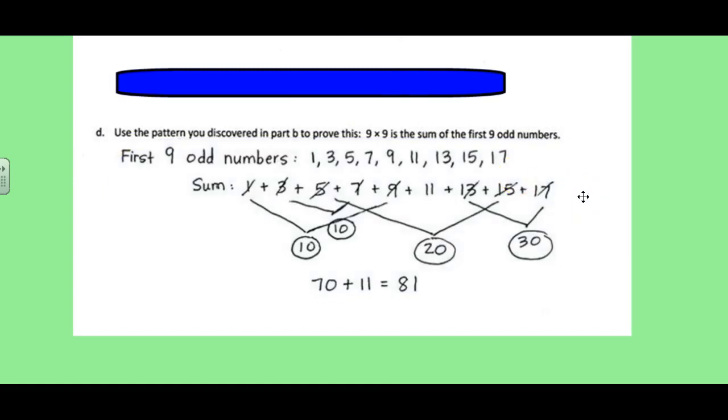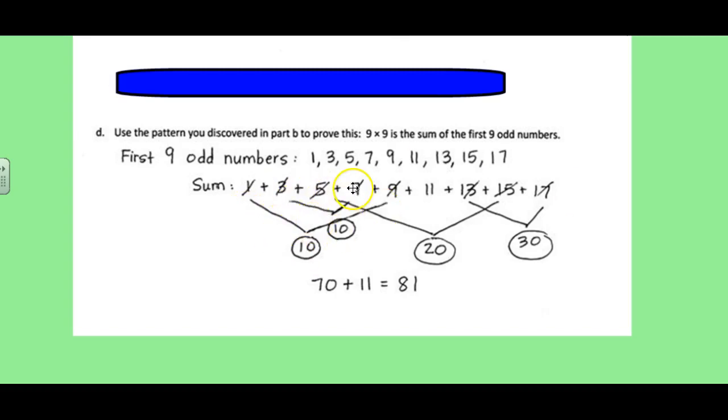Okay, I want you to look at how I solved this. I wrote down the first 9 odd numbers: 1, 3, 5, 7, 9, 11, 13, 15, and 17. But I want you to look at how I took those numbers and combined some numbers to solve it easier. So I put 1 and 9 together to make 10.